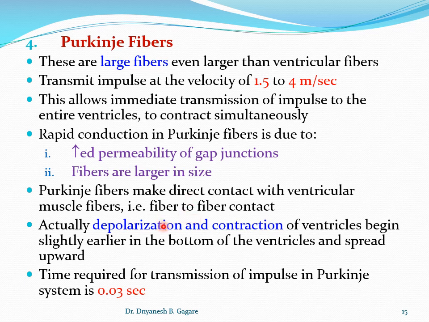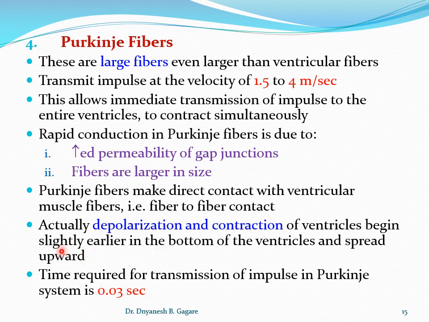There is direct contact from the Purkinje fibers to the ventricular fibers, which means for every ventricular fiber there is a separate Purkinje fiber. So the impulse reaches each and every ventricular fiber simultaneously. That's why the number of Purkinje fibers is large, and for every ventricular fiber there is a separate Purkinje fiber.